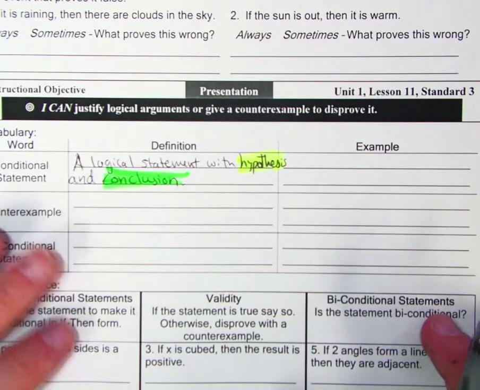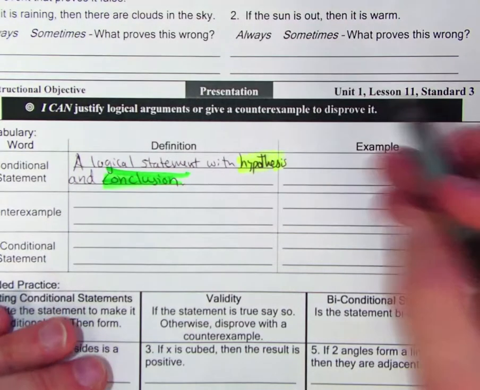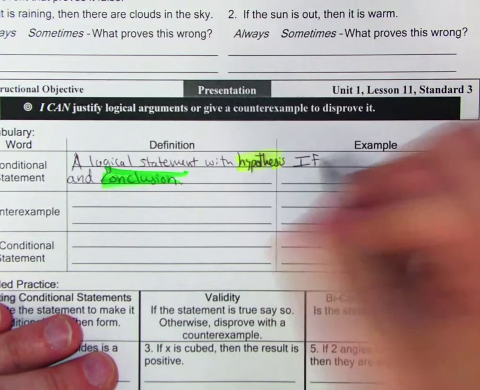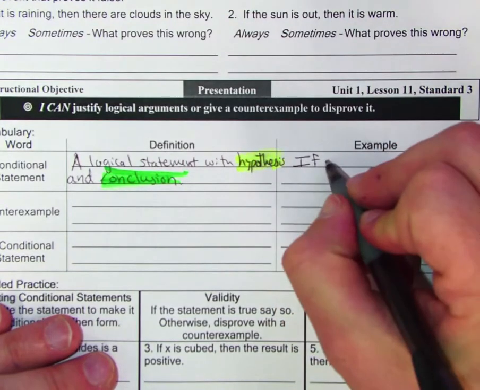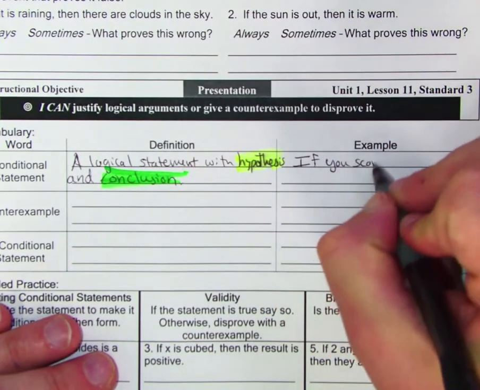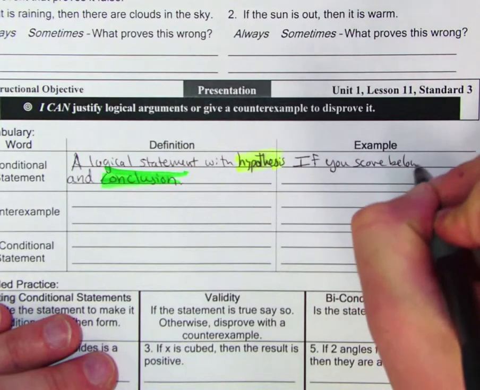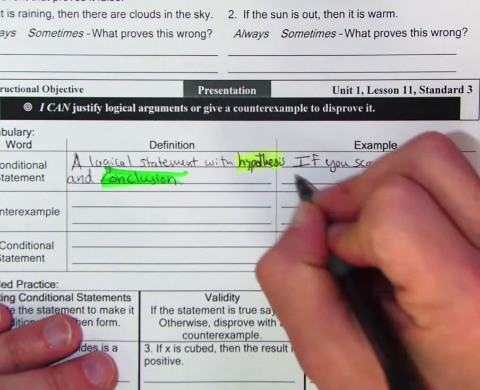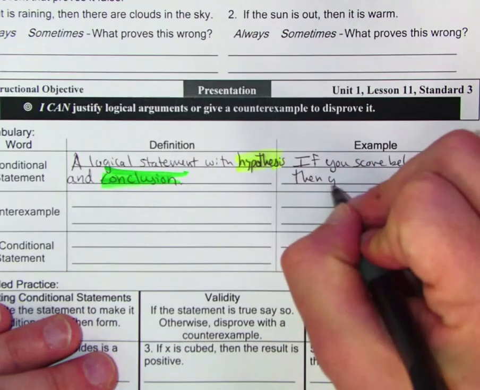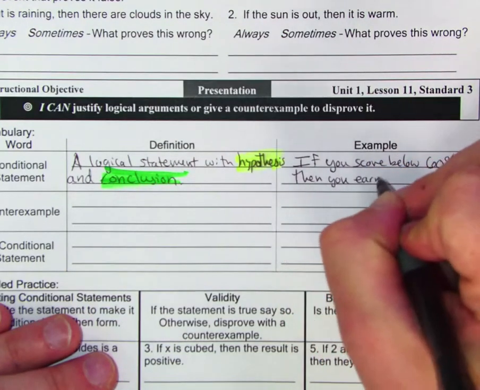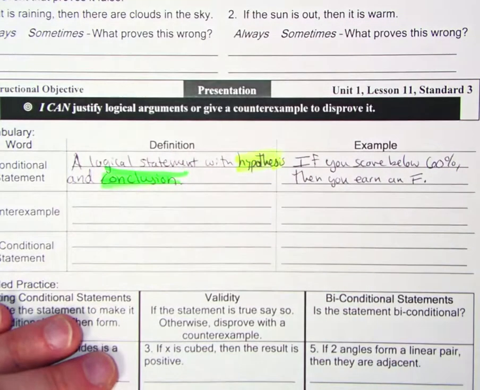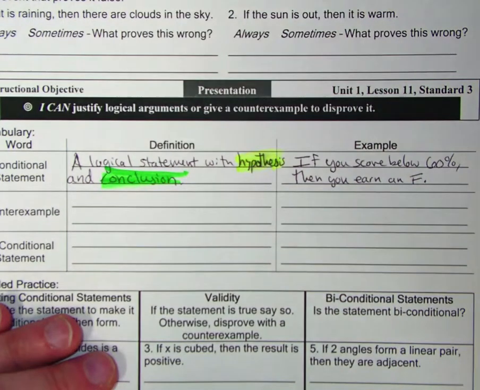One conditional statement might be: if you score below 60%, then you earn an F. So is that always true?